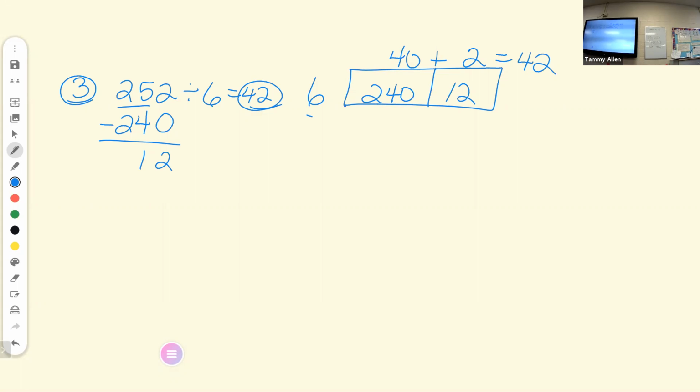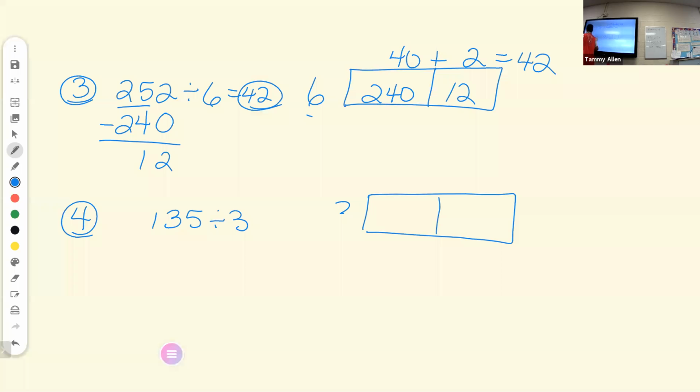Okay, all right, let's try this one. 135 divided by 3. Try that one on your own.